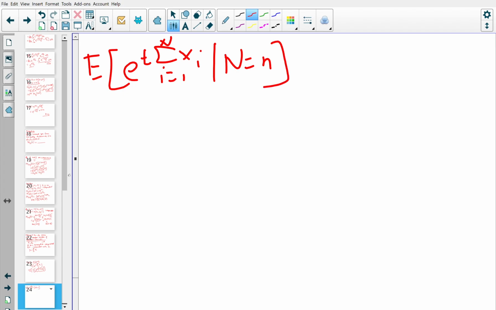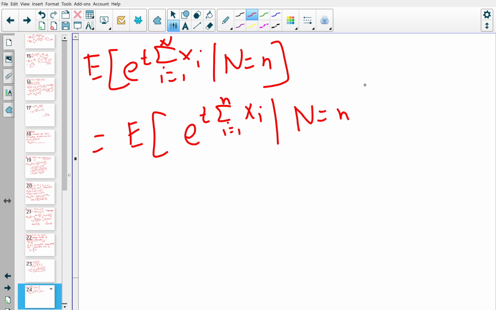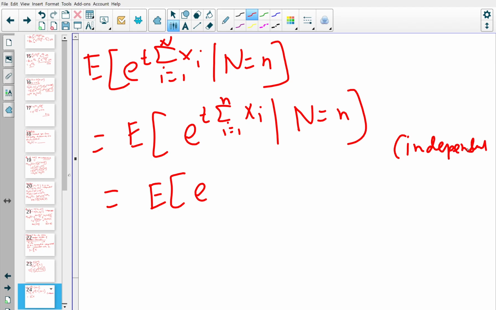In this case, the sum goes up to small n, so you can write e power t summation i equal to 1 to small n Xi given N equal to n. And since N and Xi are independent, I can write the expectation of e power t summation Xi, now using the independence of N and Xi.